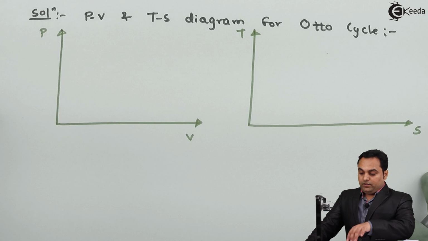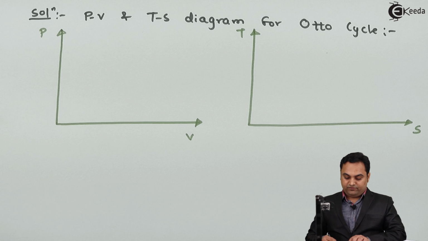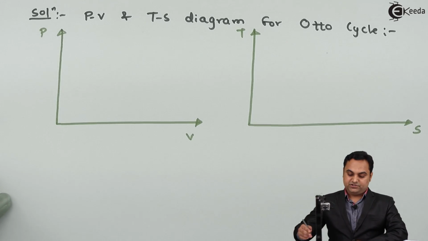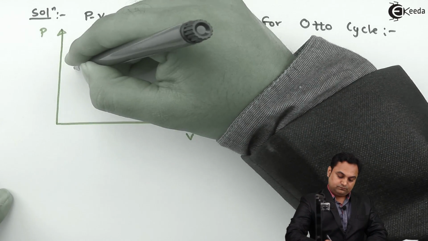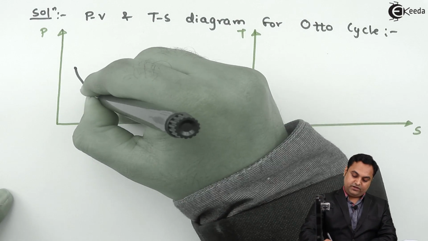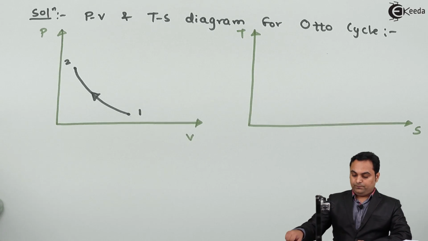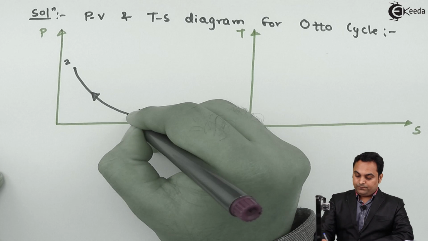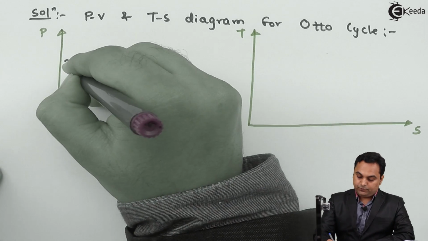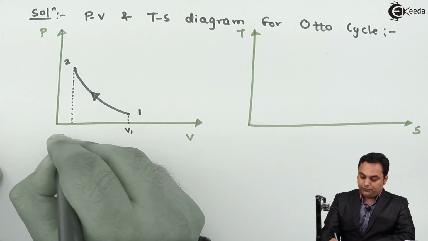Now, in case of Otto cycle, there are four processes. The first one is reversible adiabatic, or it is also called isentropic process, and that process is shown with the help of a curve. So during process 1 to 2, at point 1 the volume is V1, at point 2 the volume is V2.